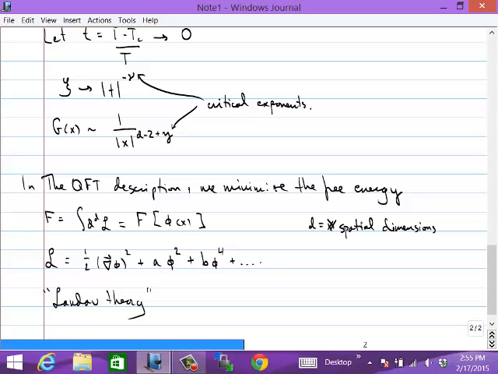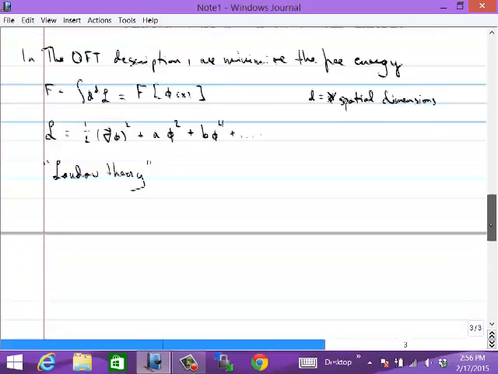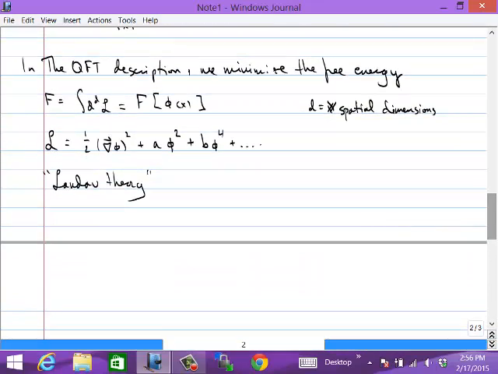So in this case, it's very easy to determine these two critical exponents just using what we know about free field theory. So, for example, the Green's function. So Landau theory is the theory where B is very small.